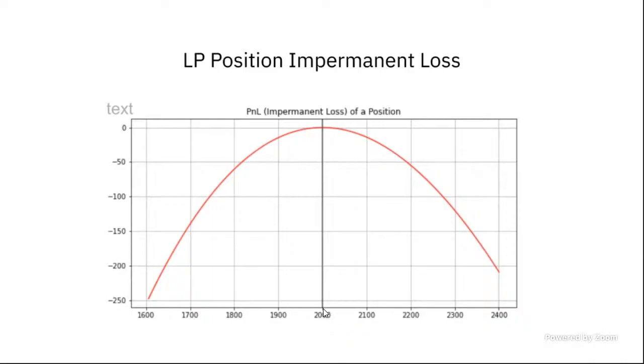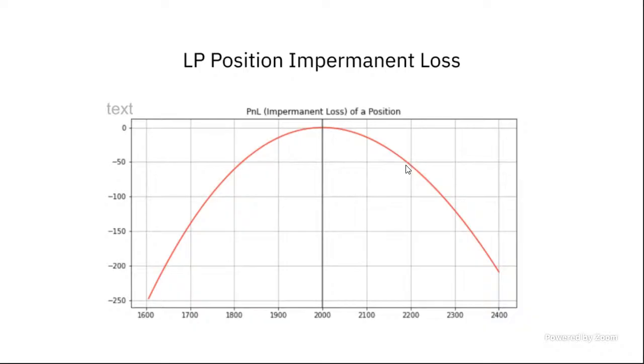Imagine that you started the position when the price was 2,000. If the price increases, you would have had $50 more if you had been outside of the LP position than if you had been in. But it's important to note that this does not include fees, and this is why active management positions are key.